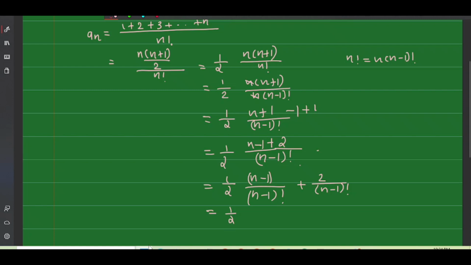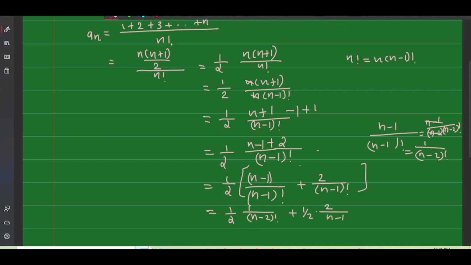Again, n minus 1 factorial is equal to n minus 1 into n minus 2 factorial. So n minus 1 by n minus 1 factorial is equal to n minus 1 by n minus 1 into n minus 2 factorial, and we can cancel n minus 1 from the denominator and numerator, then we get 1 by n minus 2 factorial. So this is equal to 1 by 2 into 1 by n minus 2 factorial plus 1 by 2 into 2 by n minus 1 factorial.